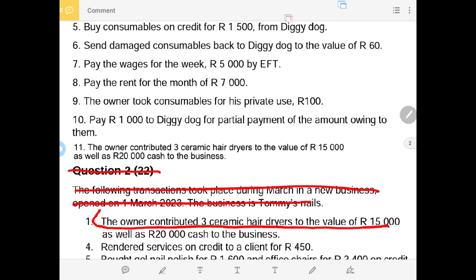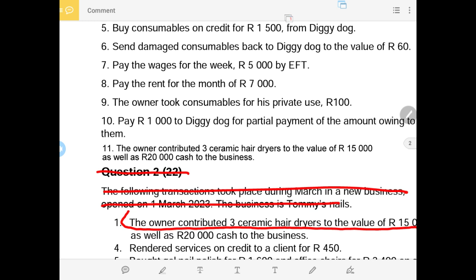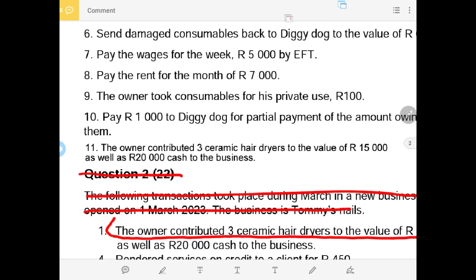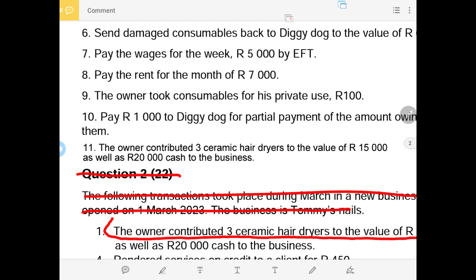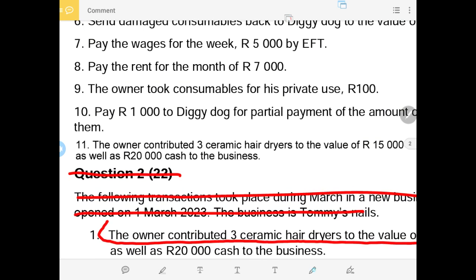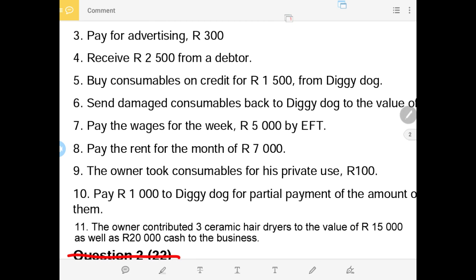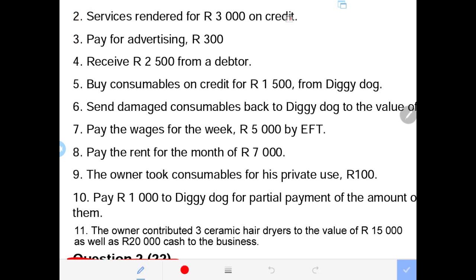I'm doing this because number 11 was not in the previous question paper, but I added it so that we bring the capital contribution aspect under our subsidiary journal recording.